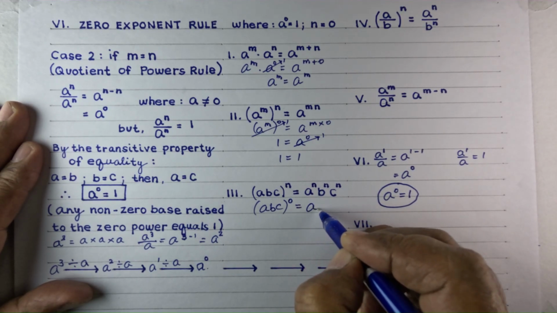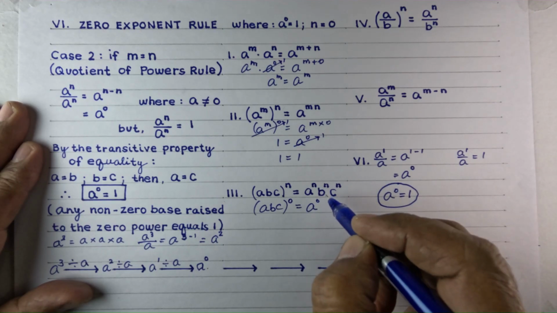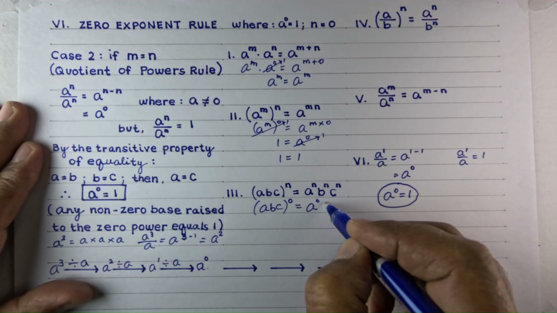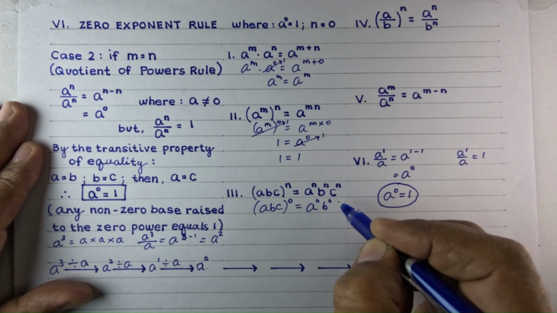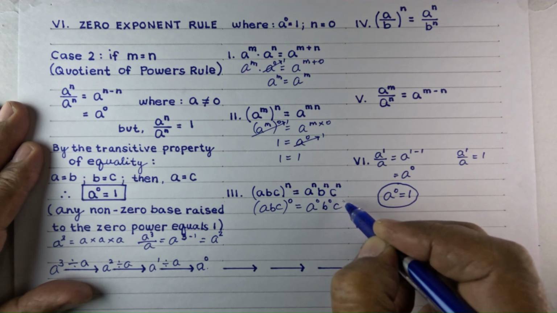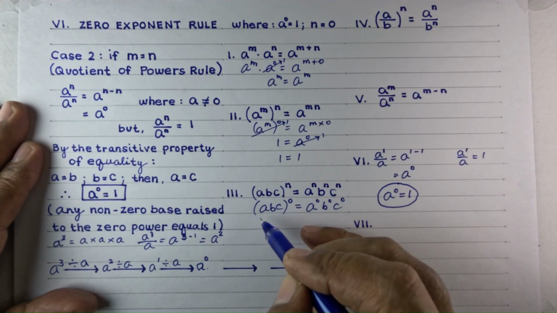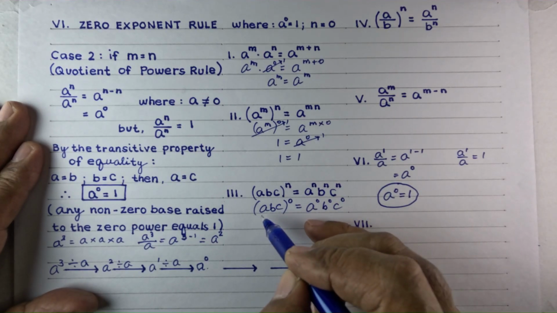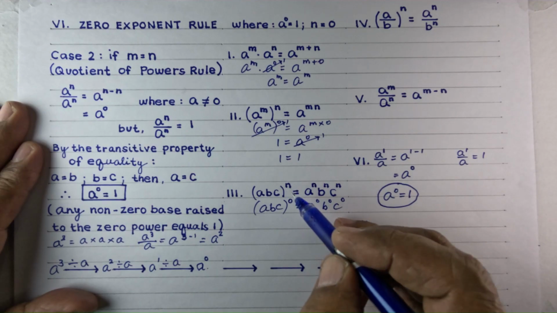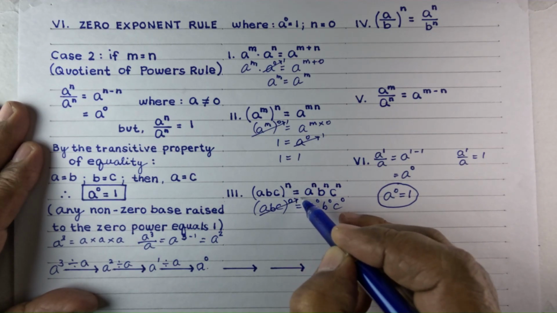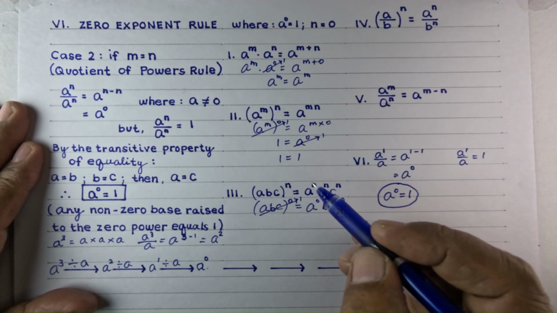And that's now equal to a to the 0 times b to the 0 power times c to the 0 power. But the product ABC is raised to the 0 power. And that's equal to 1.